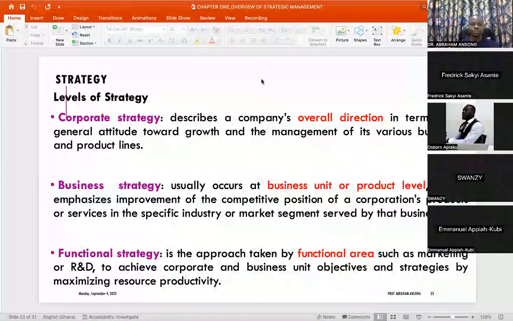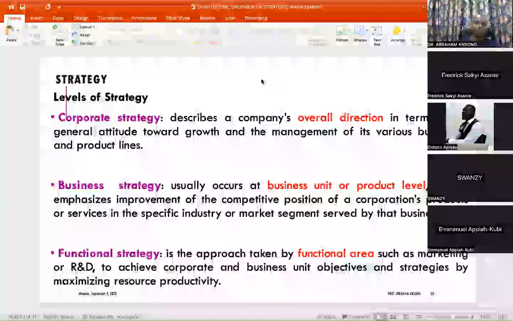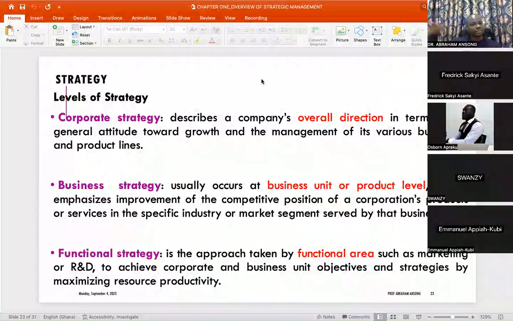And there I was telling you that we have companies that have sub businesses or companies within. I remember mentioning the SPY group of companies or Multimedia, where you have several media houses under that. Even though they are separate, you have Joy FM, you have Love FM, which other ones? Adom, okay?